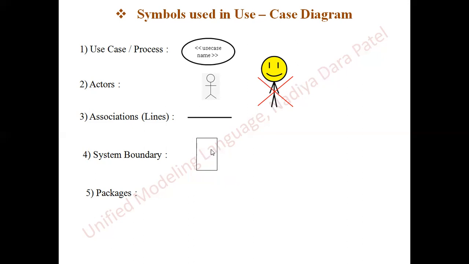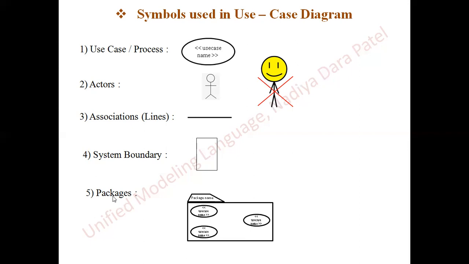So let us now just get familiar to notations, and then one by one we will study every notation in detail, because we are going to bring these notations in practice and draw some diagrams. And of course you are going to include this diagram in your project or software's documentation as well.